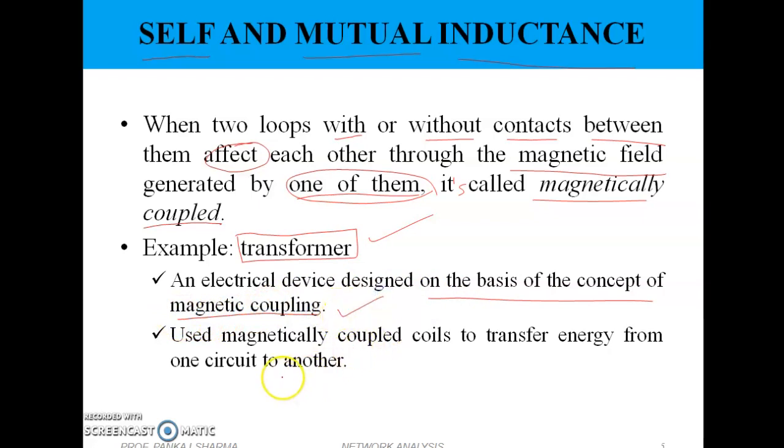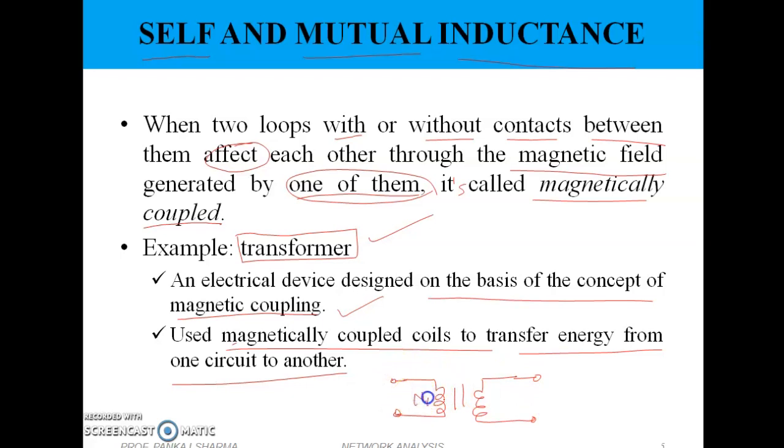A transformer uses magnetically coupled coils to transfer energy from one circuit to another circuit, from primary to secondary.